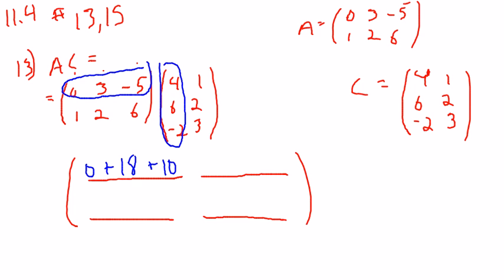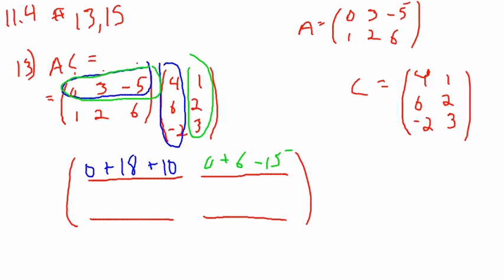Now I'll do top by right. That gives me 0 times 1, which is a 0. Then 3 times 2, that's 6. -5 times 3 is -15.